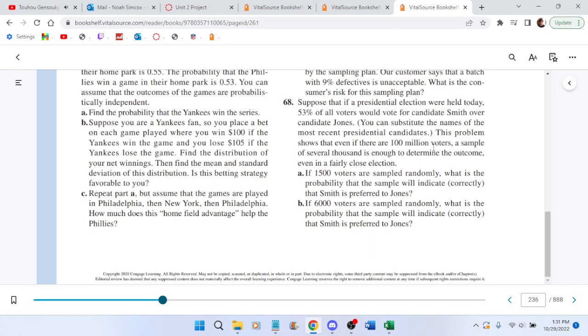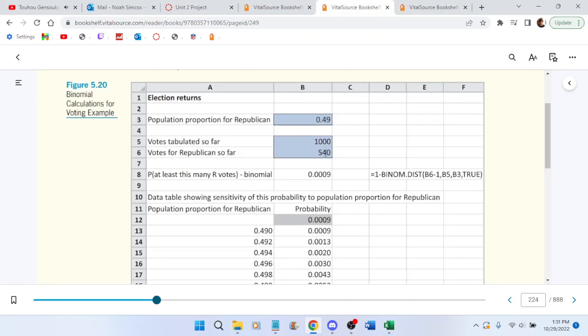So, okay, what is... So, what's the probability of getting at least 540? Well, you do this minus 1 in this thing.